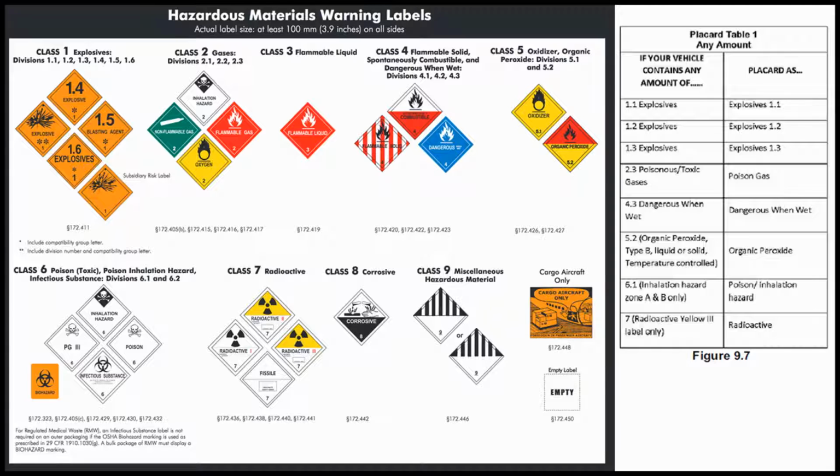If your vehicle contains any amount of 6.1 inhalation hazard, zone A and B only, placard as poison inhalation hazard. If your vehicle contains 7 radioactive yellow 3 label only, placard as radioactive.